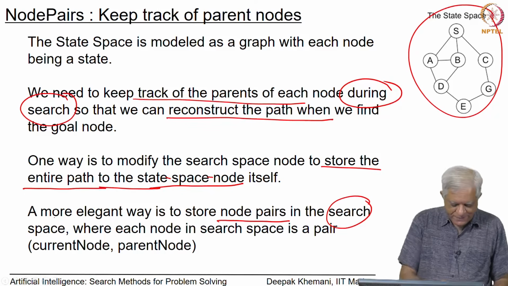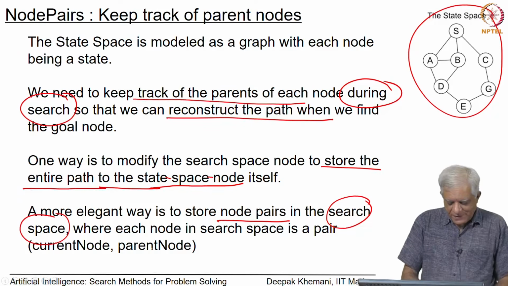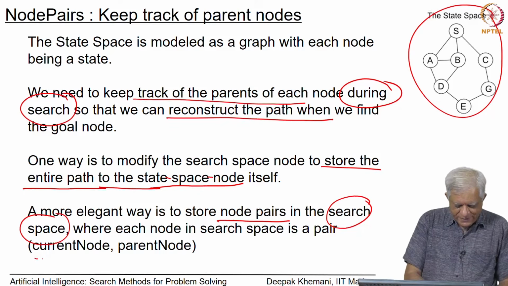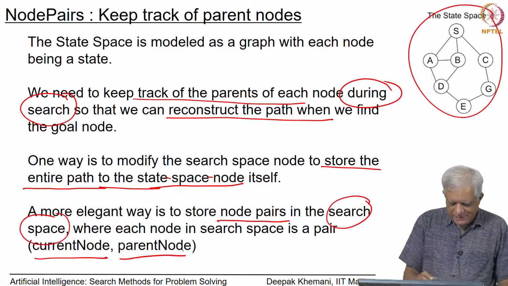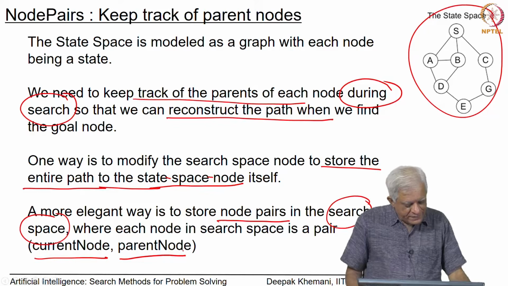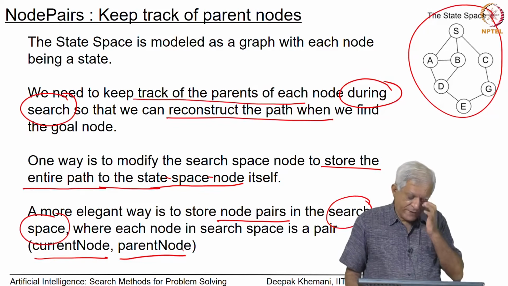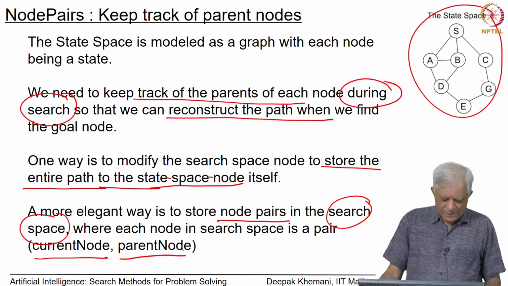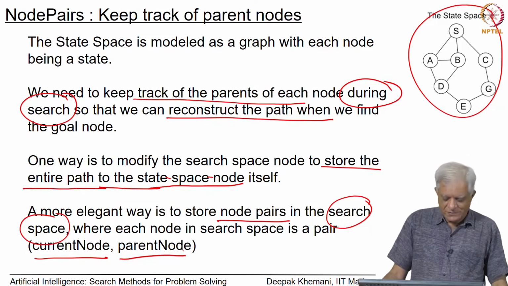Not in the state space, but in the search tree, where each node is a pair, and the pair represents the current node and the parent node. So, we know who was the parent of the current node, and we can trace the path back to the source node.